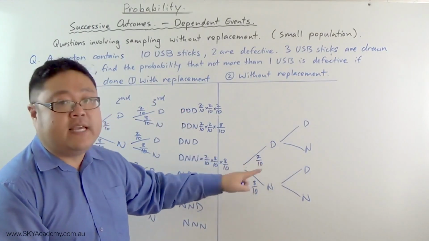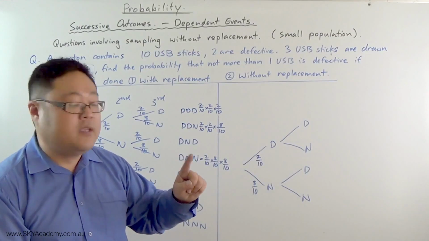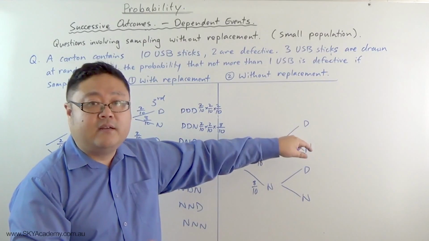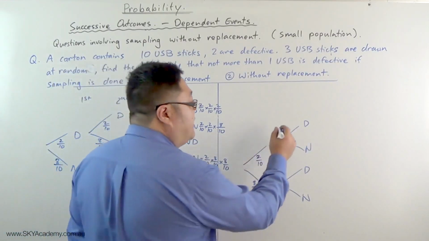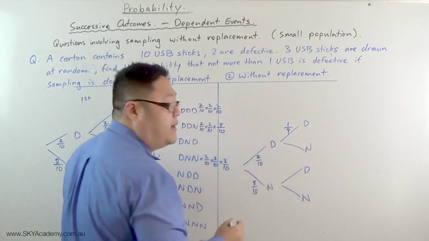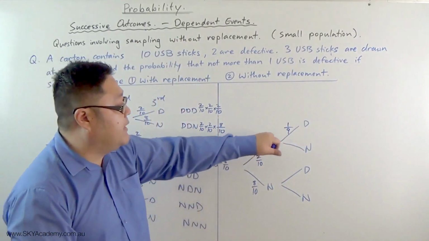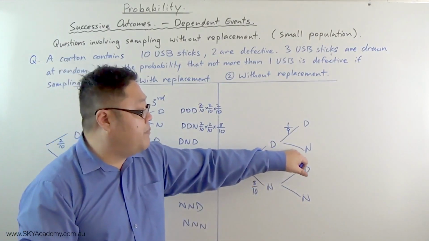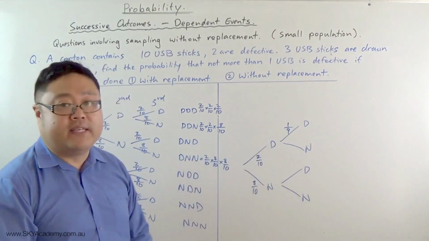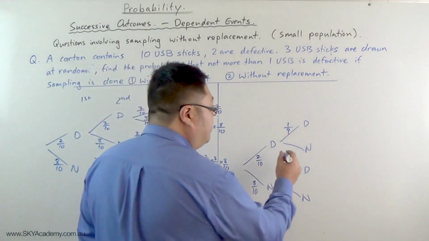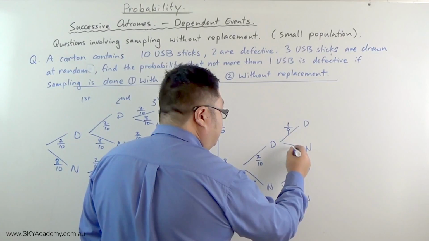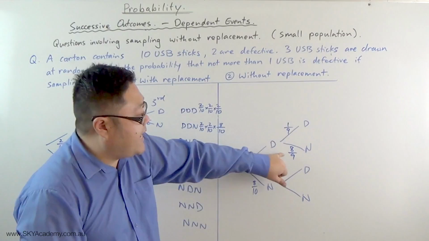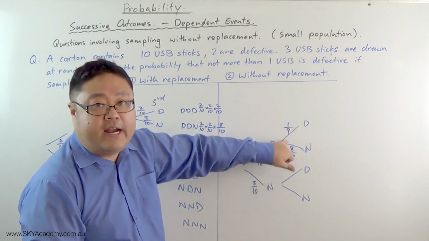We've chosen 1 out of 10, so there's only 9 left to choose from. So what is the probability of choosing a defective as the second choice? Well, it's going to be 1 out of 9, right? See how the probability of this choice was affected by what we chose earlier on? What would be the probability of choosing a non-defective one for the second one? It would be 8 out of 9. Got it? 1 out of 9 plus 8 out of 9 should give you 9 out of 9.